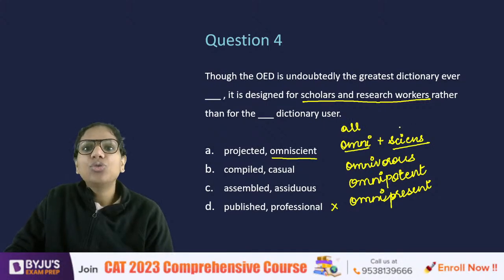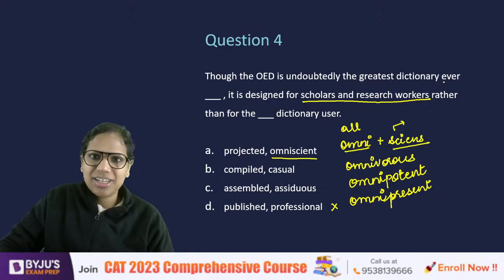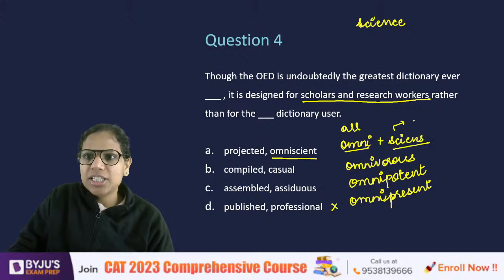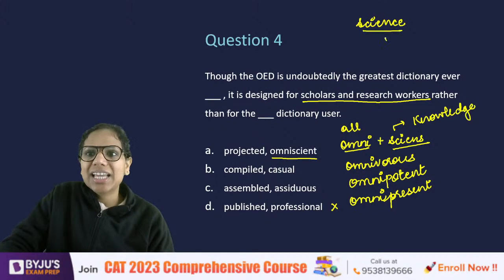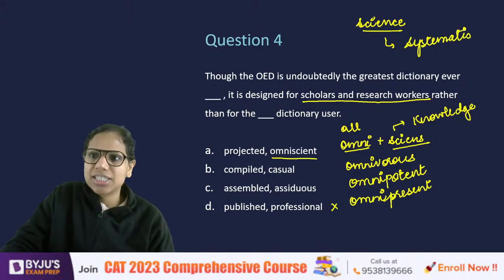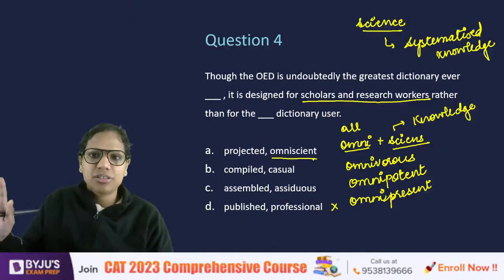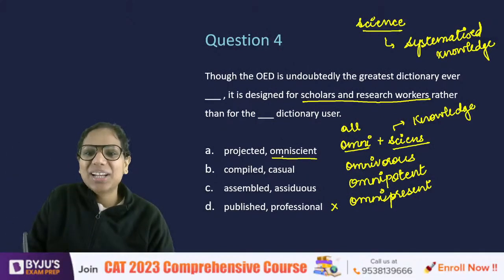Science means to know. In fact, science also means a systematized knowledge, right? That's why science comes from science. So science means knowledge. Here it will become knowing, and science means systematized knowledge. It comes from this root only. So omniscient is a person who is all knowing. Usko sab pata hai, right? That person knows everything. So an all knowing person.